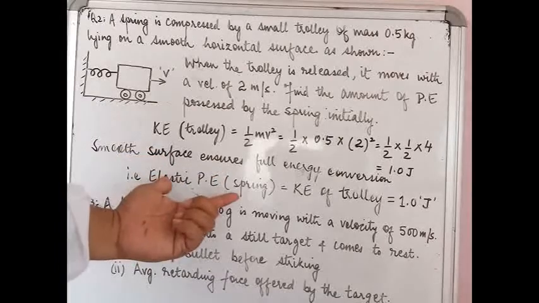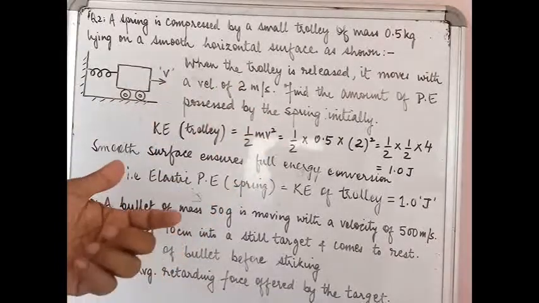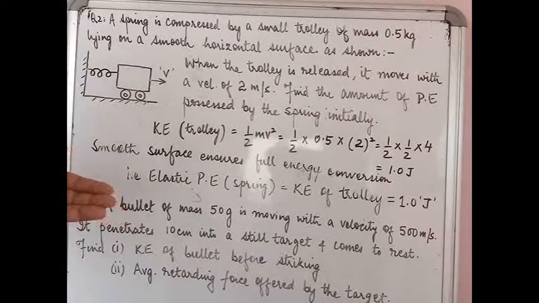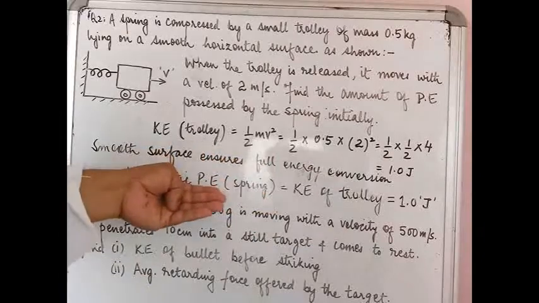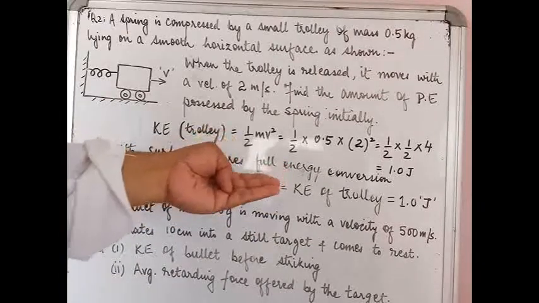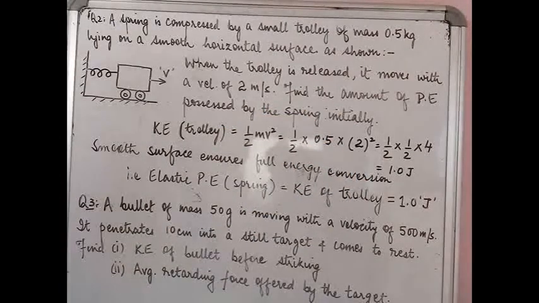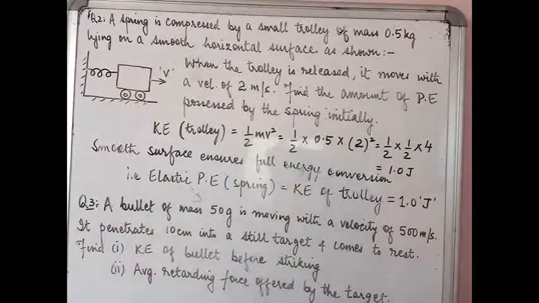How do we know that the spring had 1 joule of energy? By the simple concept that energy transformation has taken place. The kinetic energy of the trolley and the elastic potential energy of the spring are the same, and we have already calculated that as 1 joule. So that is as far as this question is concerned.